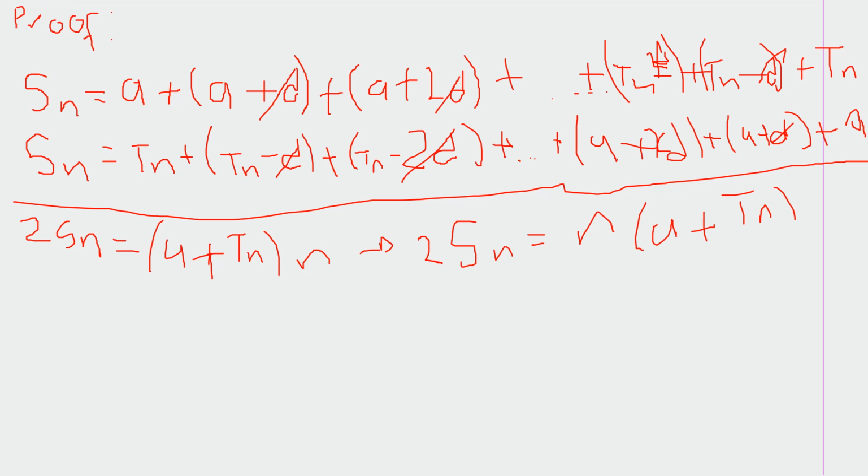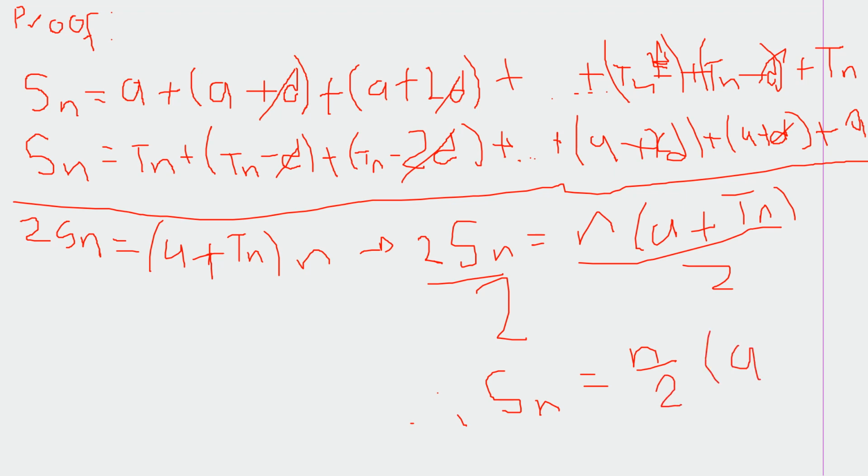So for us to be left with only Sn on this side, we'll have to divide by 2. We have to divide everything by 2. And therefore, now Sn is equals to n over 2 into a plus Tn.